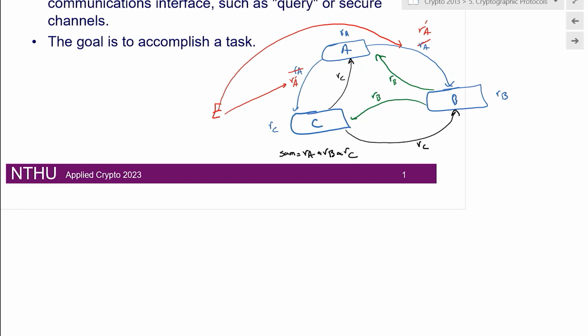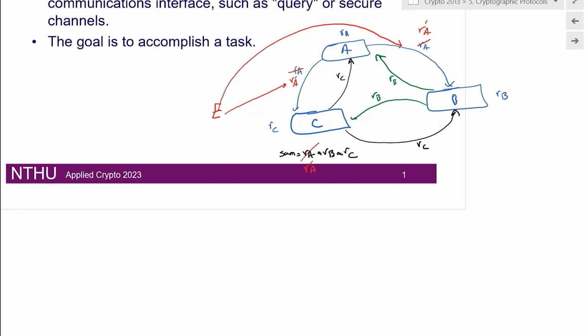Since Eve shows up and does this computation, if you look at the computation, C wouldn't get R of A, he would get R prime of A, right?